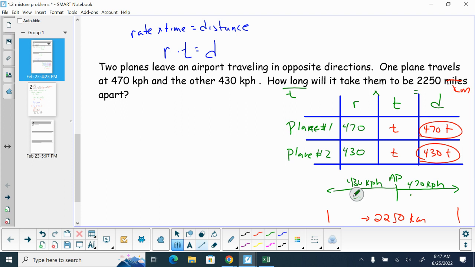Because this is 470 t here, this is 430 t here. At some point, they're going to add together to be 2,250. So we can add these together: 470 t plus 430 t equals 2250. That gives us an equation that we could solve.